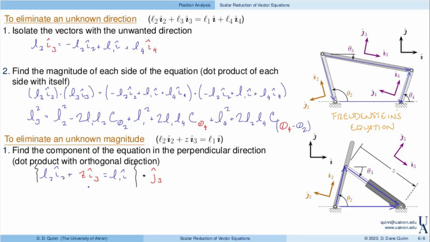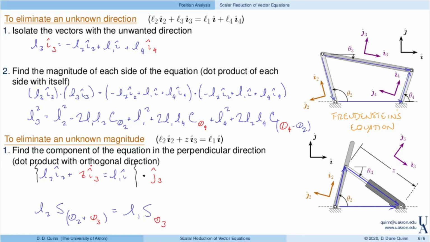And so when you work this out, you get L2 sine of theta 2 plus theta 3 equals L1 sine of theta 3.